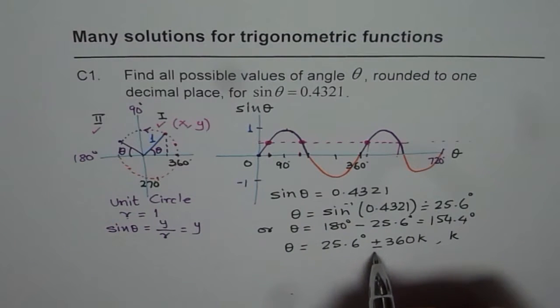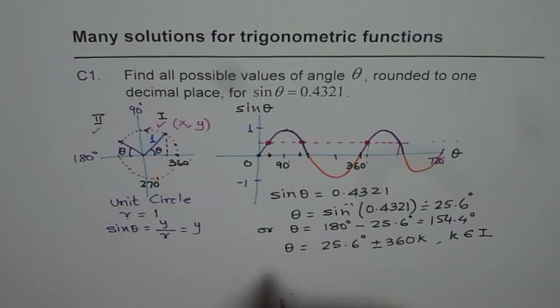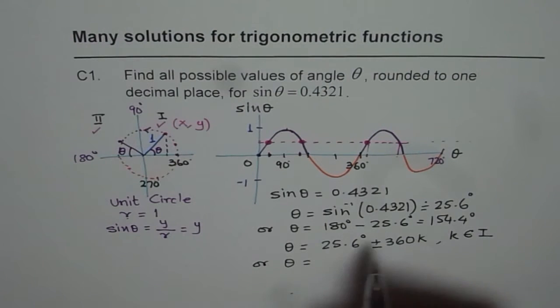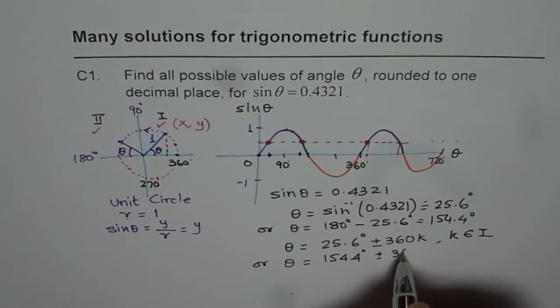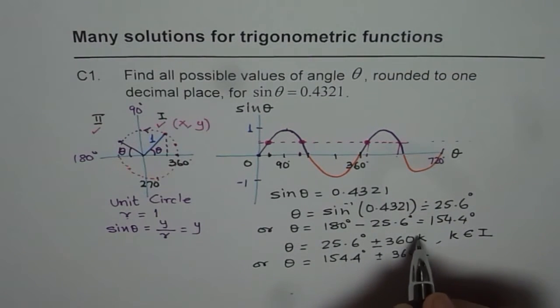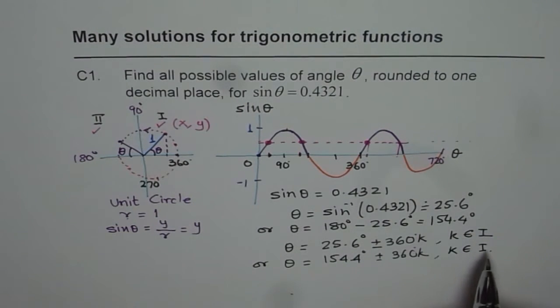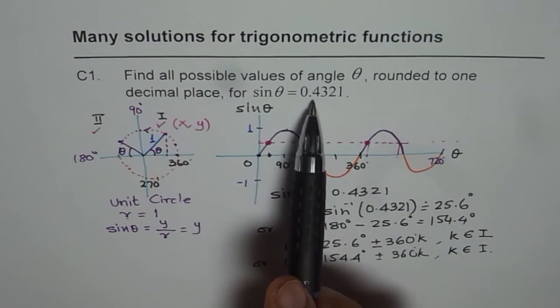In that case we don't write minus, so we can say k belongs to integers. Or theta is equal to 154.4 degrees plus or minus 360 degrees times k, where, as I said, k belongs to integers, right? k could be plus minus 1, plus minus 2, and so on, right? So these are all the possible values which theta can have for sine theta to be equal to 0.4321.